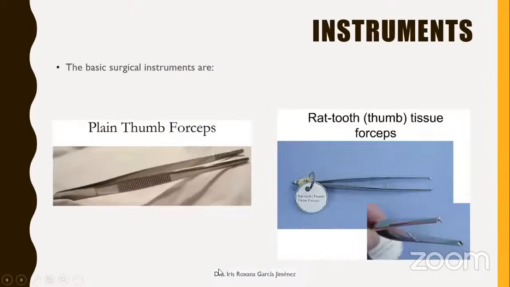Now checking the most common instruments, the basic ones. We have the plain thumb forceps. The picture is clear. The rat tooth or thumb tissue forceps, again. Forceps are these devices, pinzas, I mean. Plain thumb, rat tooth tissue or rat tooth thumb tissue.